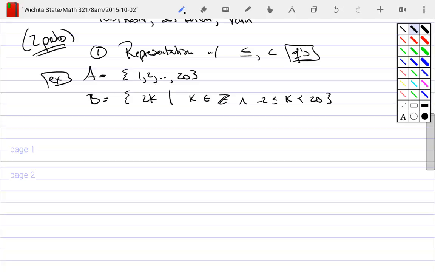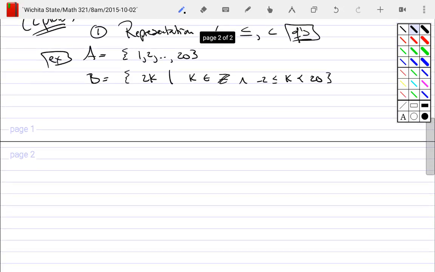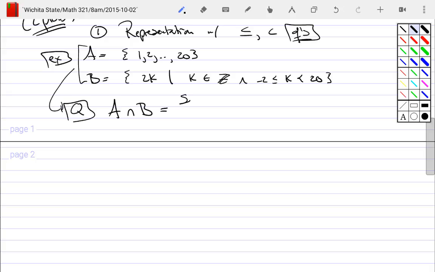So here'd be a question. What would A intersect B be? Could you give me a set builder form? Could you give me a list? Could you give me a Venn?